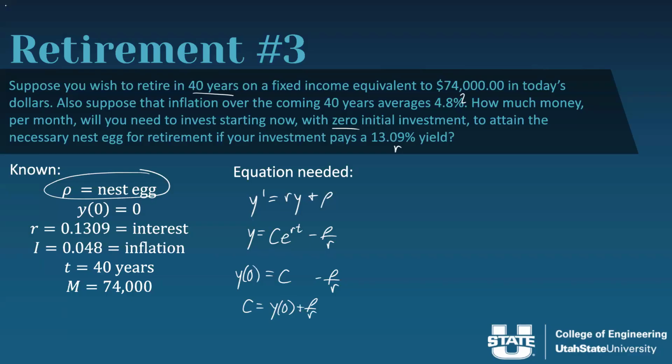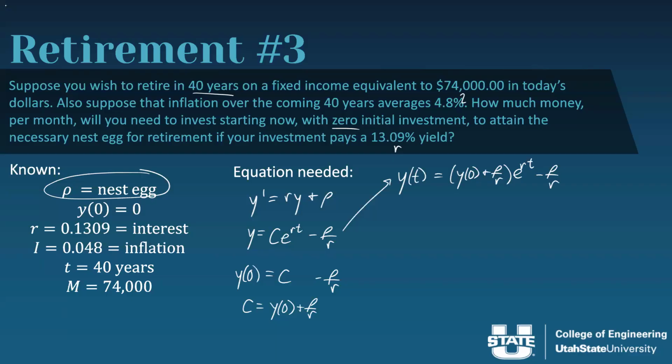And then I'm going to plug this into my equation that I already solved for. So I'm going to have y of t equals, plugging in our c, y naught plus rho over r, e to the rt, minus rho over r.